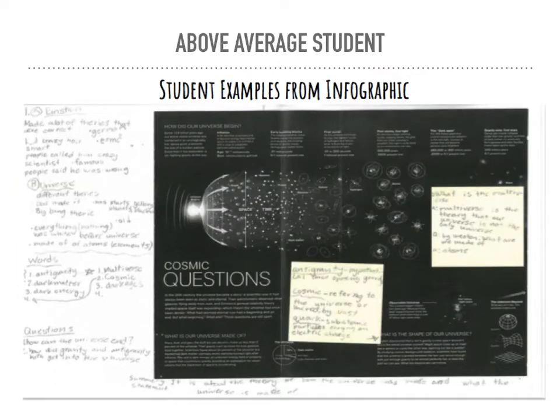So I don't have an example of the turned in summaries, but here's a student example from the infographic. This is an above average student. So you can kind of see his thinking about Einstein and the universe, some of the words that he came across, some of the questions. Then he has a summary statement along the bottom, and then he has his couple Post-its.